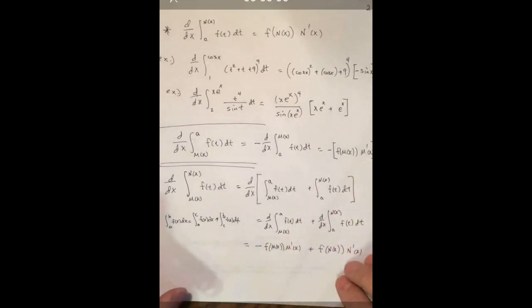So let's get a new page and write this down, because it truly is pretty. Page 3. So what we have is a new rule. If we want to differentiate, and this is going to be a complete generalization of the fundamental theorem of calculus part 2. So if we're presented with this situation, what we do is we take the upper limit and plug in for t.